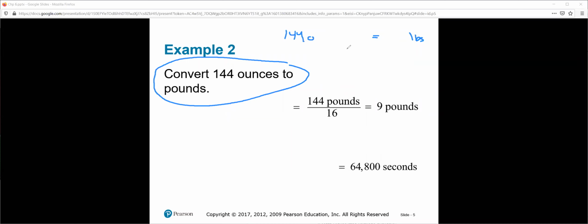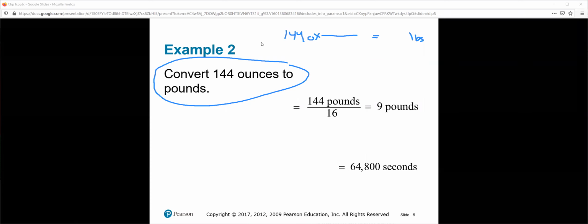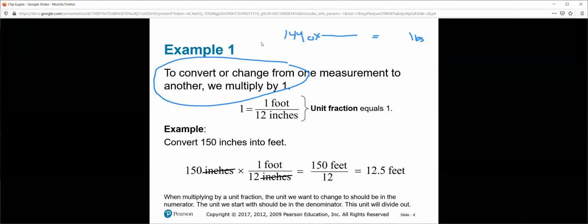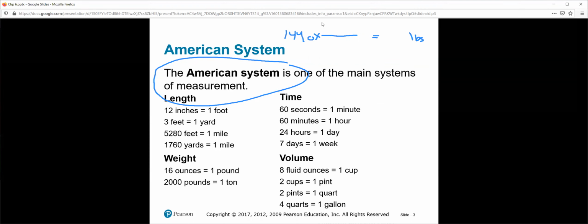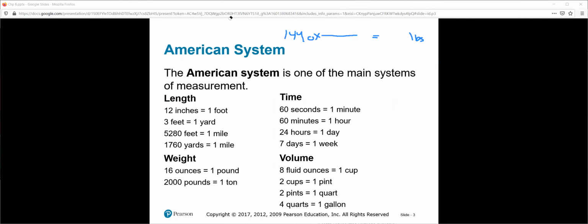Ounces and pounds are different units, so I need to convert the unit with at least one times bar, at least one unit conversion. So I need to know, is there an equivalency of ounces and pounds? Can I just go straight from ounces to pounds? And to find that out, we go back here. We say, all right, is there an ounces to pound conversion?